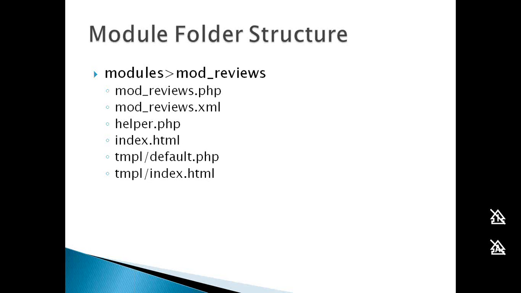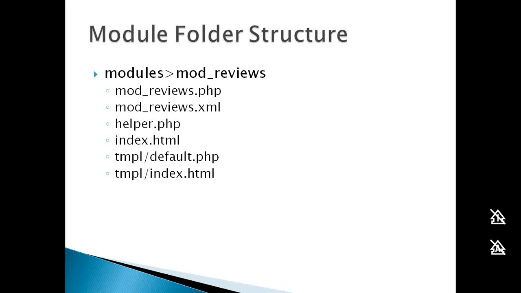So let's quickly go to the module folder structure. If you are already done with your installation, you would find that there is a folder on the root of your Joomla installation called modules.